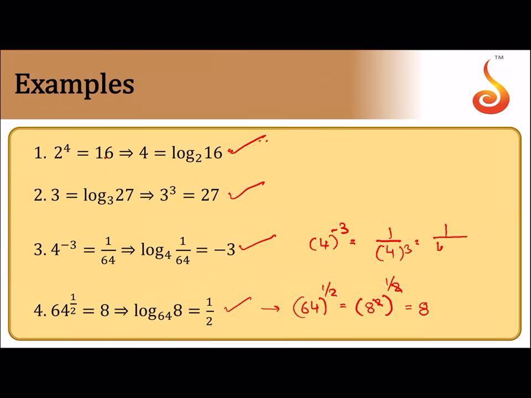Similarly, in this case, 4 to the power minus 3 is 1 by 4 cube, which will give you 1 by 4 into 4 into 4, which is equal to 1 by 64. In this case, same way, you got 3 cube equal to 27.